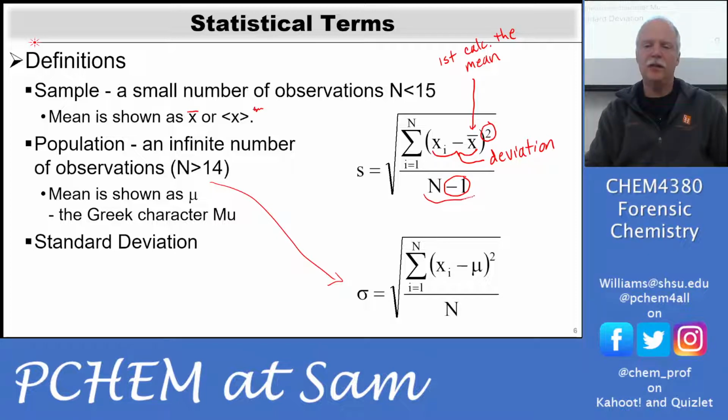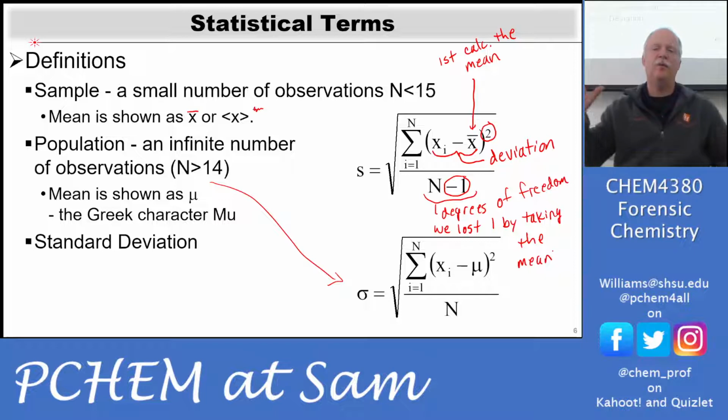Now this n-1 is called the degrees of freedom. And the reason it's not the number of data points is we lost a degree of freedom by taking the mean.